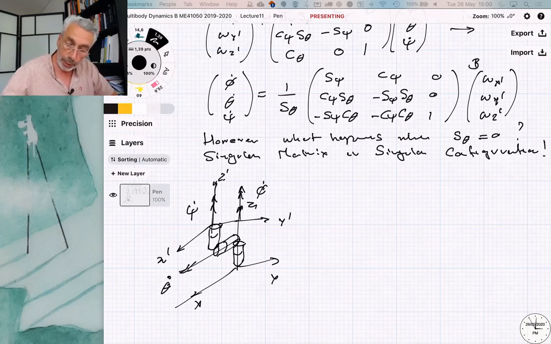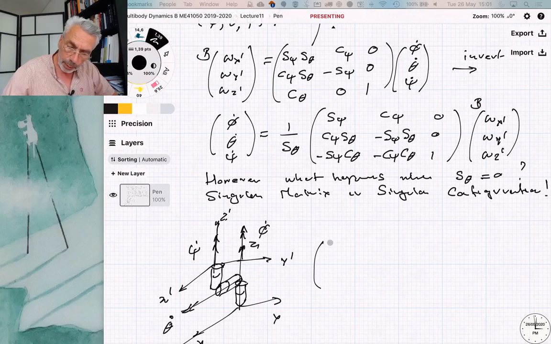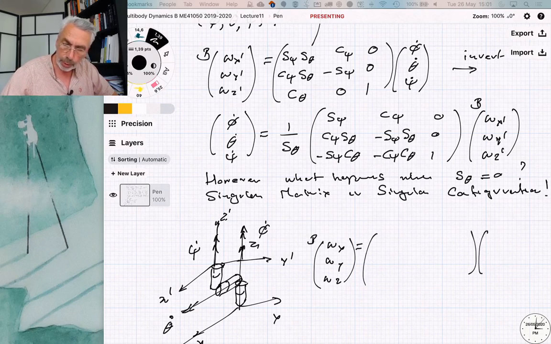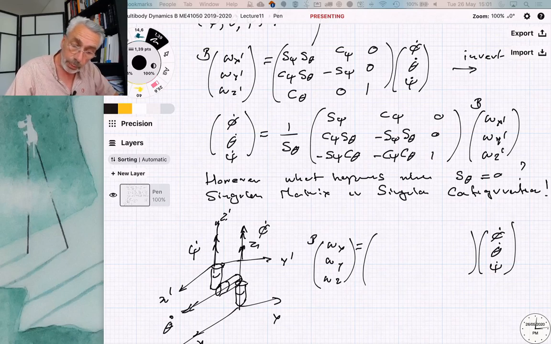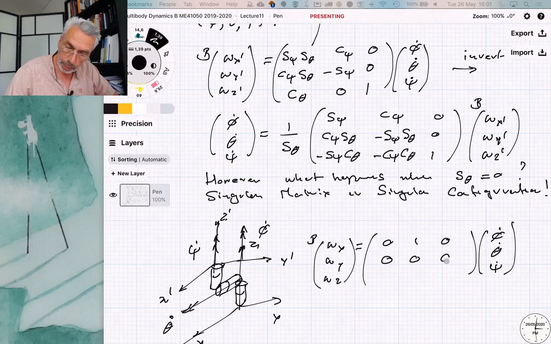Or if we just write it out, then according to this matrix above here, we have omega x, omega y, omega z in the B frame equals, just let's put in the numbers, theta dot, psi dot. So if everything is 0, then we only have to look at the cosine terms, and here all the sine terms result in 0, so we get 0, 1, 0, and this is 0, 0, 0.